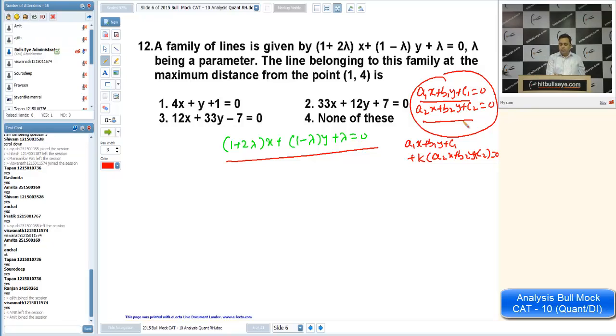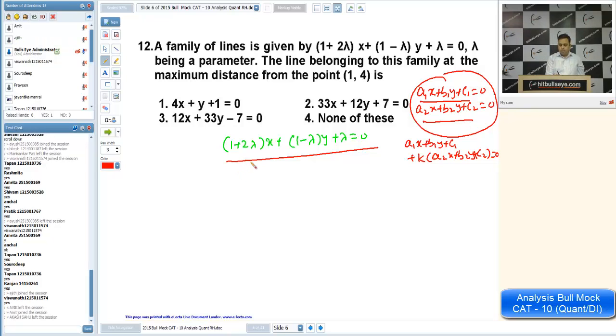So if we rewrite this equation, I am taking x, y and the lambda terms independently. It becomes x plus y plus lambda times (2x minus y plus 1) equal to 0.